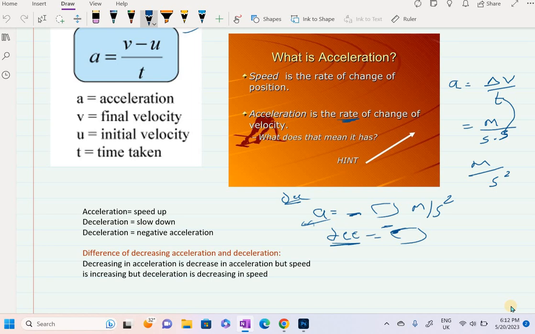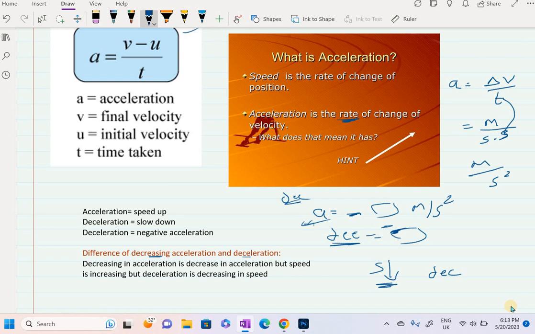what is the difference between decreasing acceleration and deceleration? We have a difference between these two terms. We know that deceleration means slowing down, when the speed is decreasing, then we have deceleration.